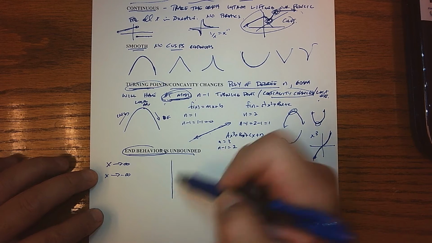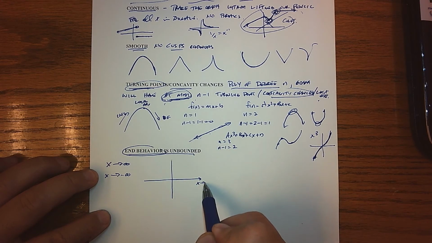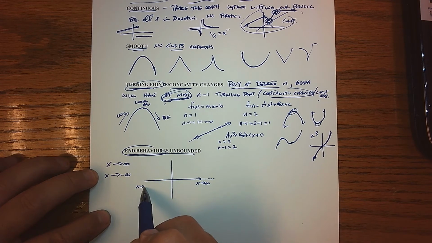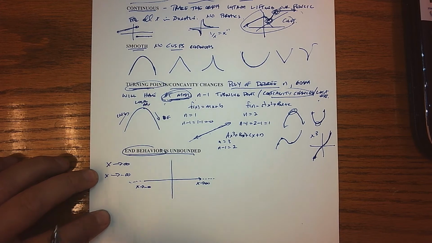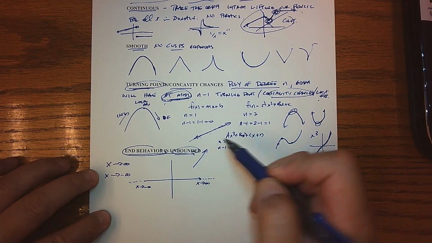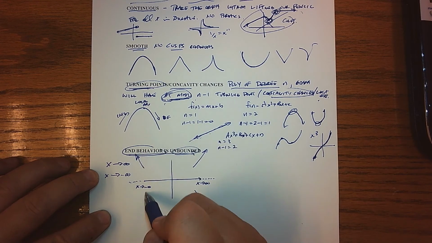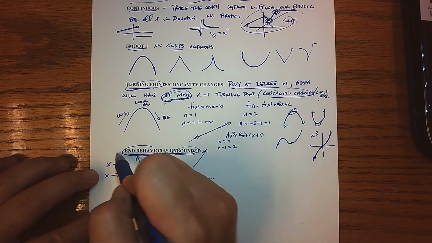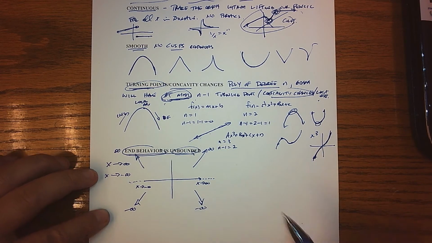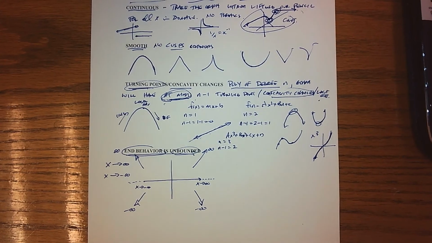So what is happening here is on my grid, if I let x go to infinity, so if I would move forever this way, or if I let x go to negative infinity, I move forever that way, a polynomial graph is going to be unbounded, meaning that it's going to go up forever or down forever. So it's going to either approach infinity or negative infinity, depending on some other conditions of our functions. Okay, and that's what I mean by unbounded.